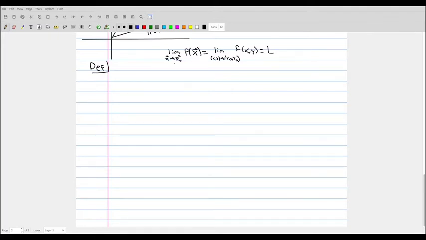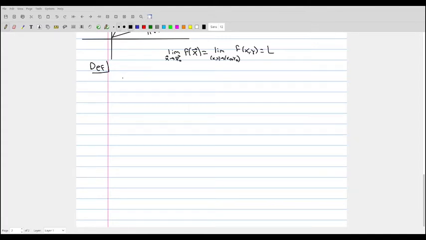But this expression is general. It could apply for a function of 3 variables or 4 variables, and all of the limit definition also extends, which is kind of a neat idea.